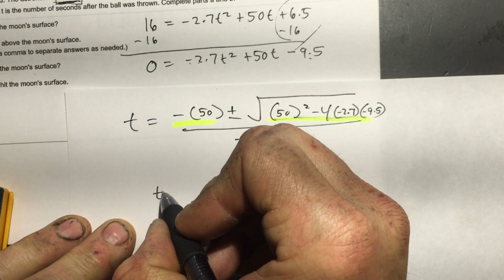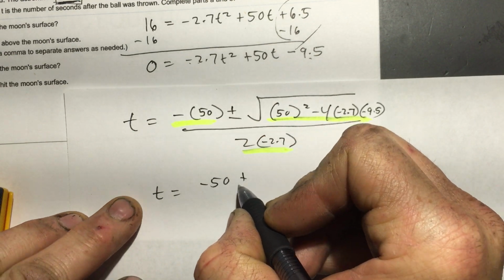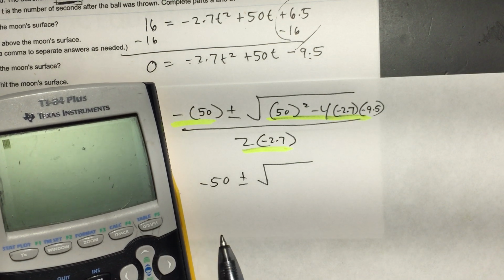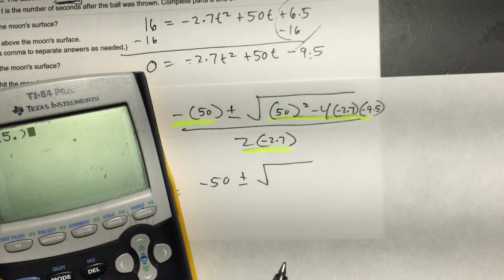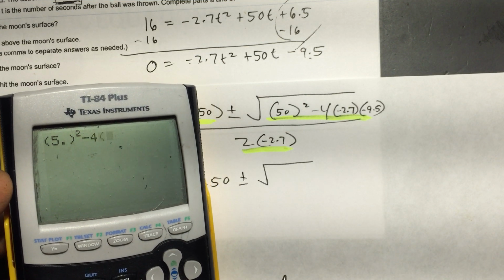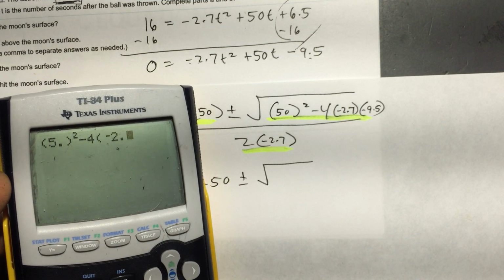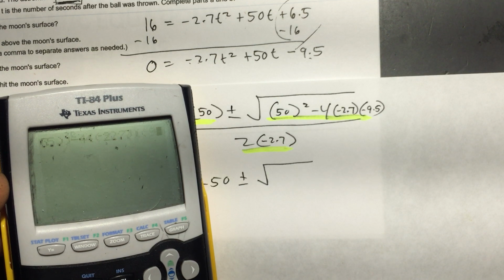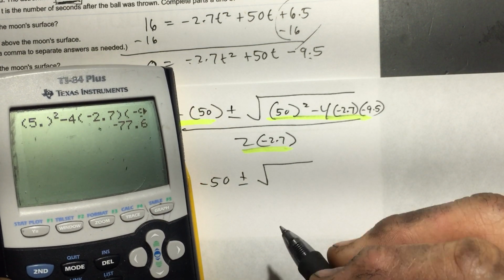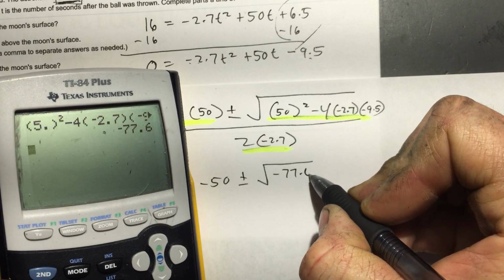All right, so that means t is going to be negative 50 plus or minus, in my radical, let's punch that in, 50 squared minus 4 times negative 2.7 times negative 9.5. Okay, and there you go. Negative 77.6.